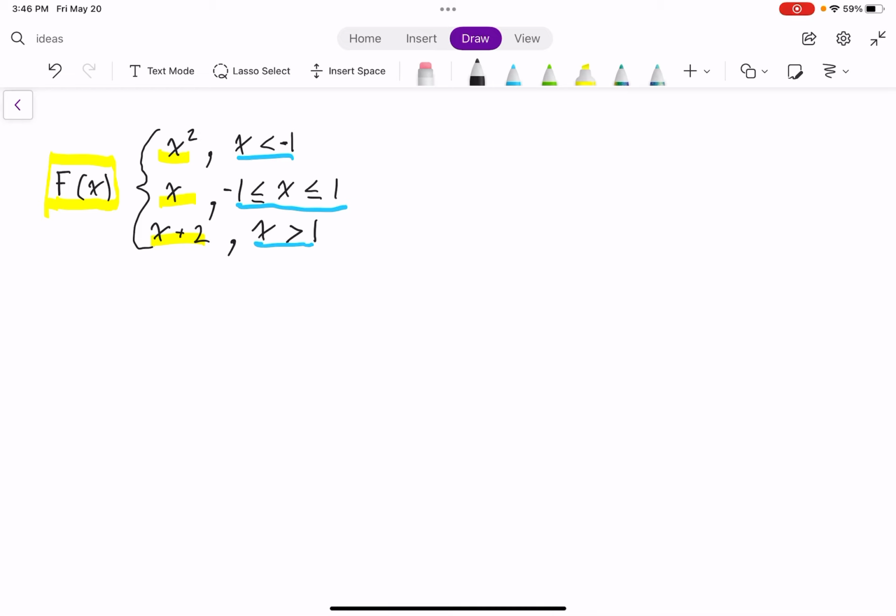For example, on the top, you have f at x equals x squared when x is less than -1. Or this can also be written as y equals x squared, if you like that notation better.